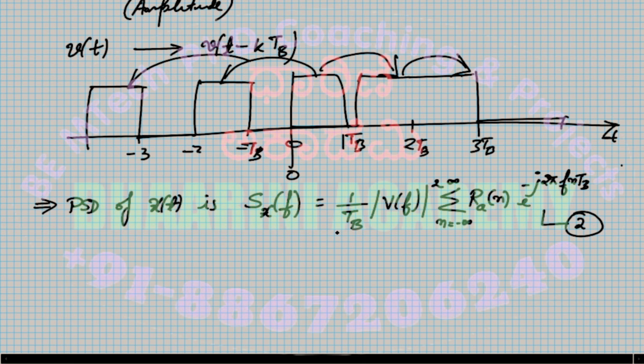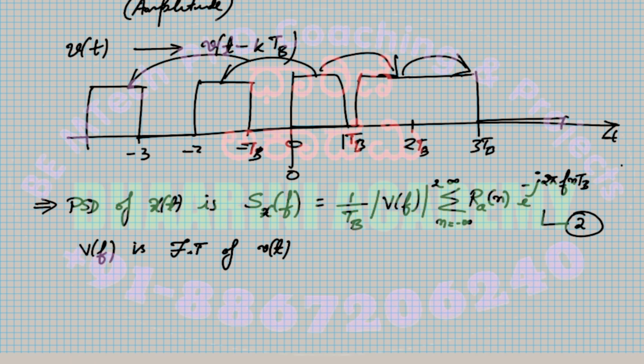Now Tb is known to us, so I don't have to define it. It is the bit duration. I don't know what V of f is. V of f is simply the Fourier transform of the predefined signal, which is v of t, whatever pulse shaping function you have taken. Take its Fourier transform and denote that as V of f.